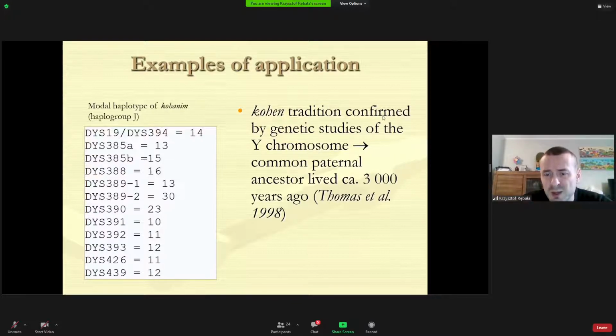They computed the time to the most recent common ancestor of these males, and found that the common paternal ancestor lived approximately 3,000 years ago, which matched the tradition, the information provided, for example, in the Bible, about Aaron and his descendants.